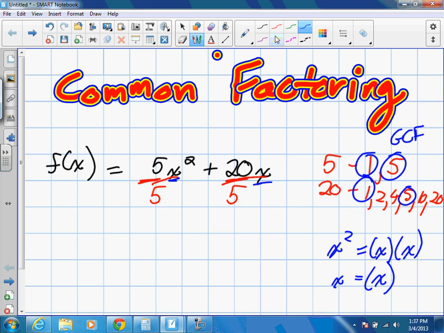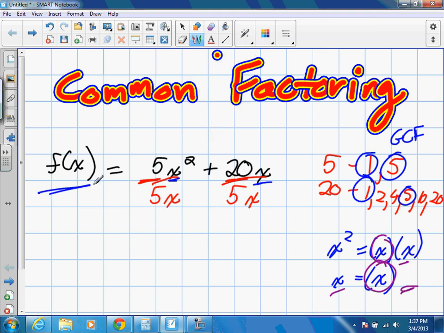What we're going to do is pair up as many as we can in each. Now, in the first one, there's only one in each we can take. We cannot take 2 because there isn't a second one to take when we have x to the power of 1. So the term we're going to divide by is 5x. We're going to divide both terms by 5x.